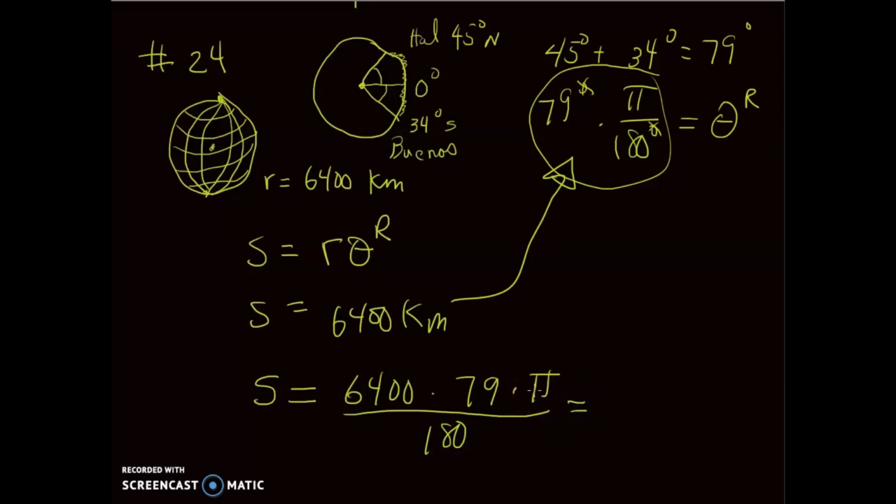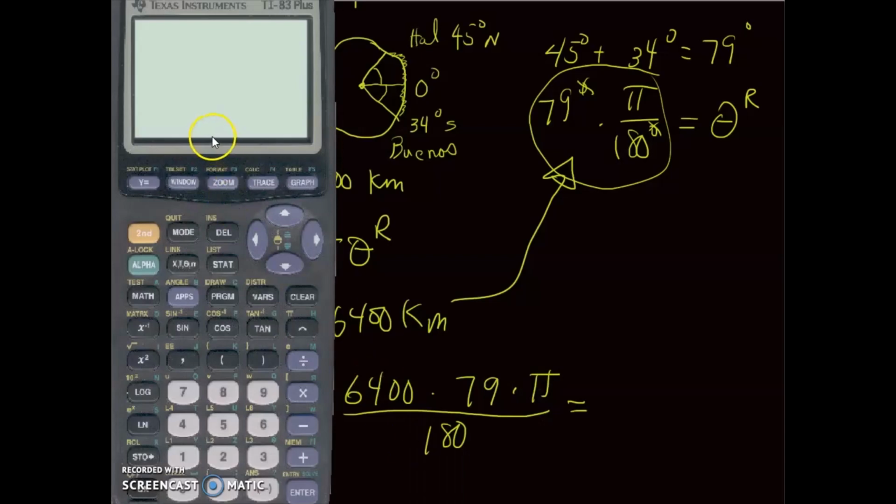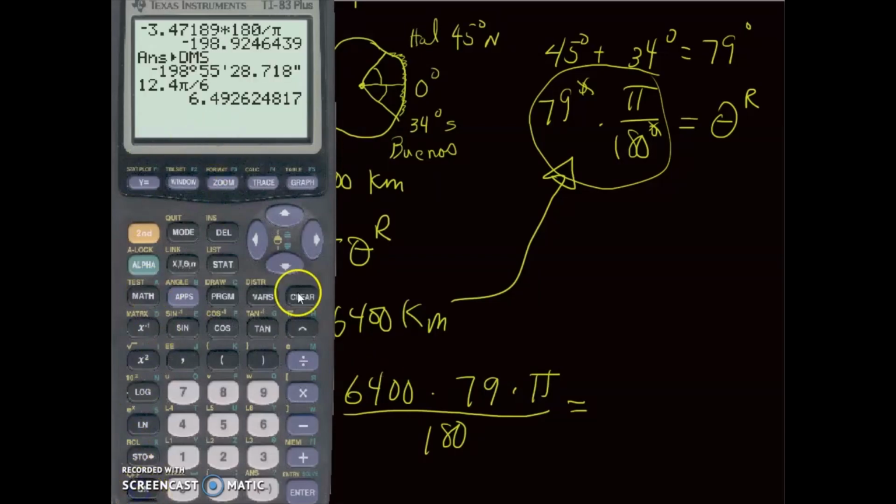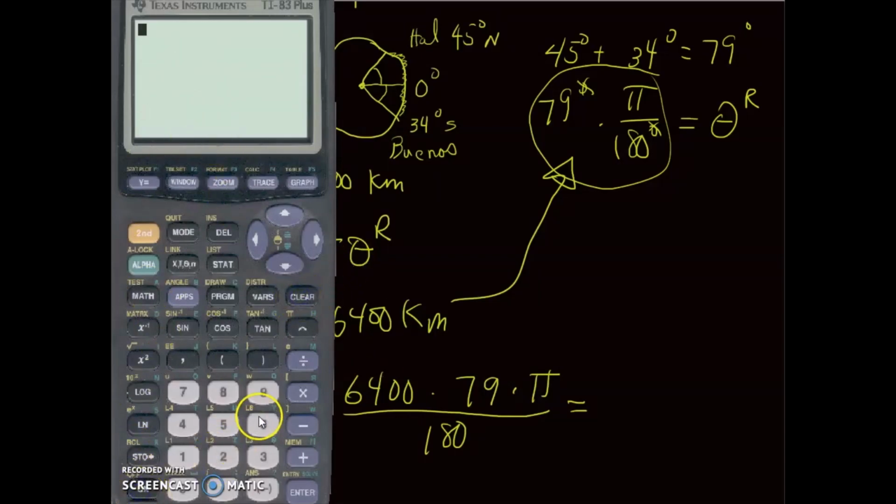Well, once again, we're going to pull up our calculator. So let's clear this out. 6,400 times 79 times pi divided by 180. 8,824,385.